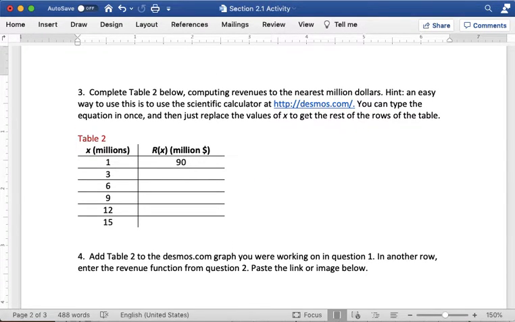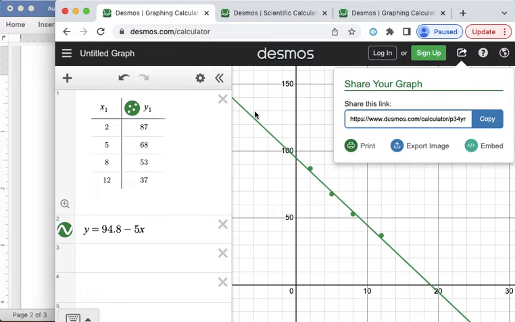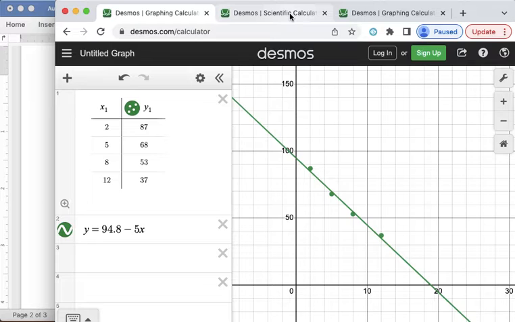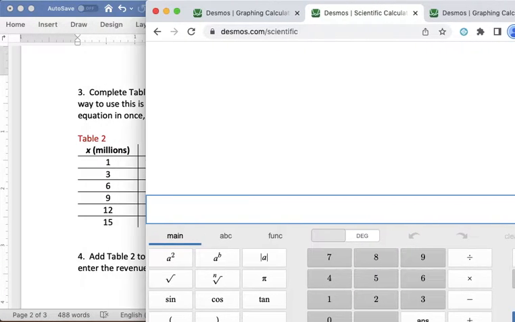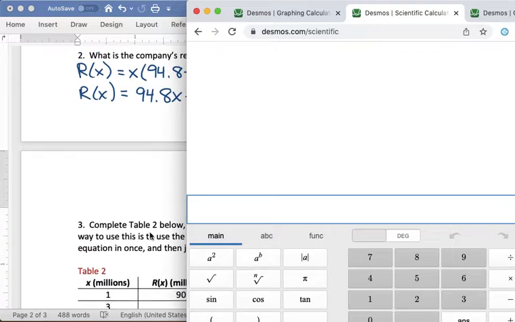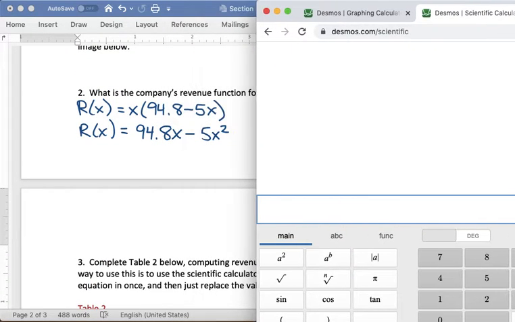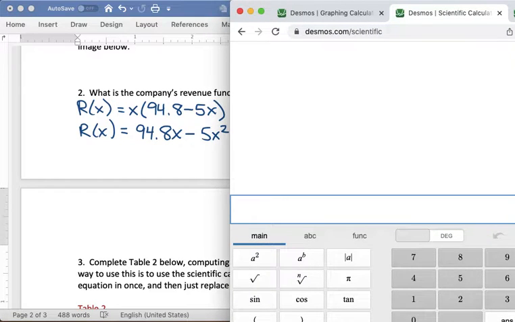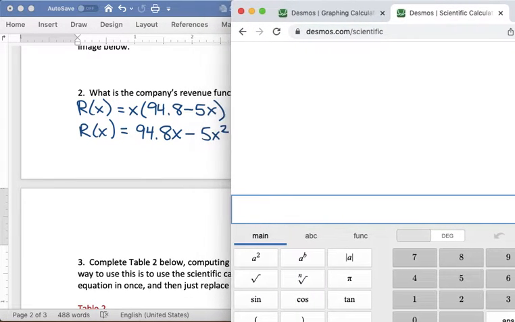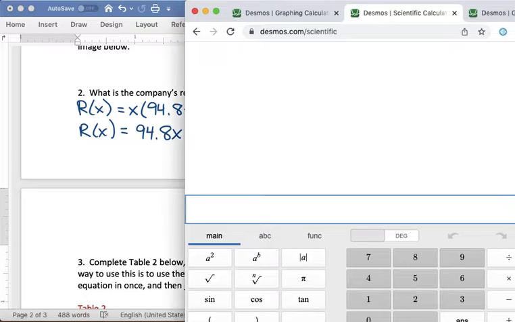So the instructions say to use the scientific calculator on Desmos.com. So I will switch back to this. I can use either version of the function that I have written, the one with parentheses or the one where I have it multiplied out. They're probably equally easy. But I'm going to start by plugging in 1 for x.